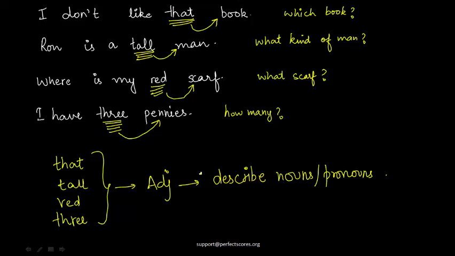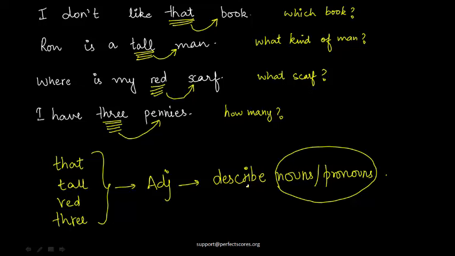So you can also say Ron is a tall man. You can also say he is a tall man. But in any case, you will be describing either a noun or a pronoun, and those descriptive words are known as adjectives. Now let's have a look at what are the different kinds of adjectives that are used in English grammar.